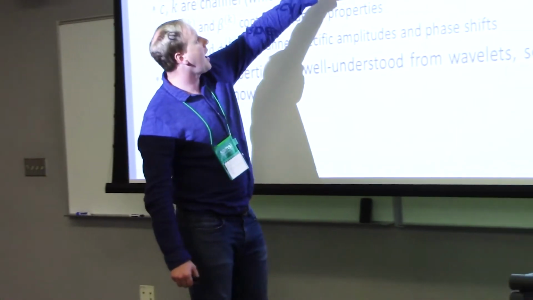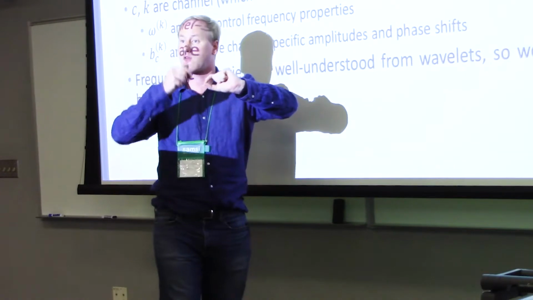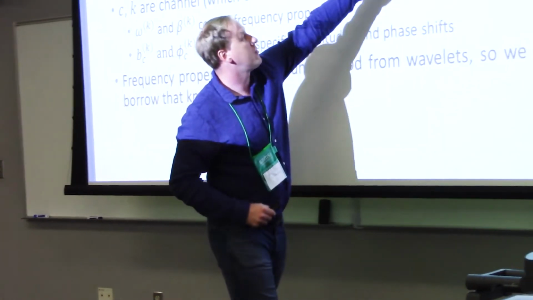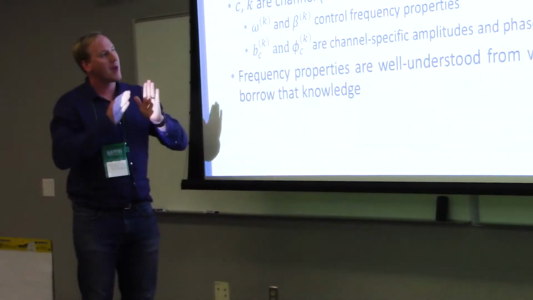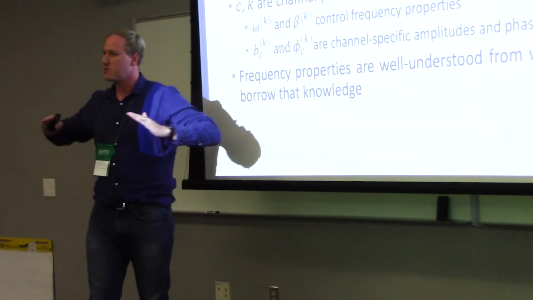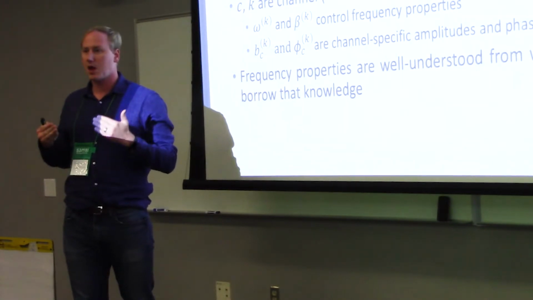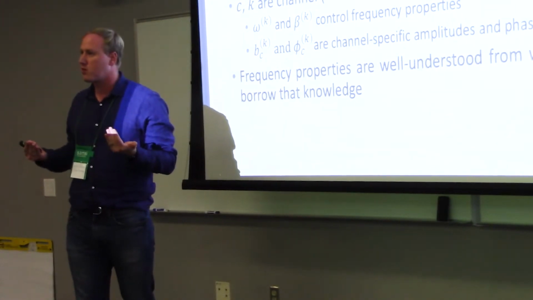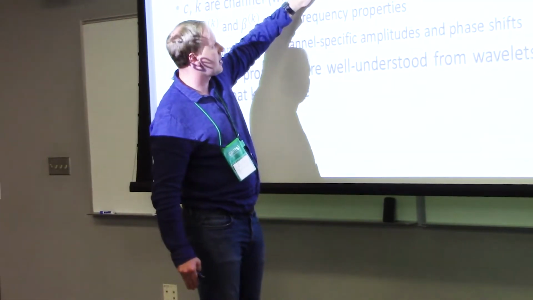Then we have the center of the frequency band, which is the same across all channels in this feature. This beta comes from the Morlet wavelet, and omega and beta control your frequency properties. We will know exactly what frequency band we're looking at because they're parameterized to look like a wavelet. So this really just allows us to vary amplitude.